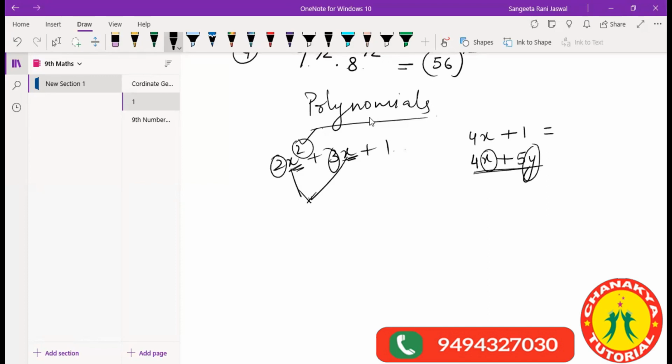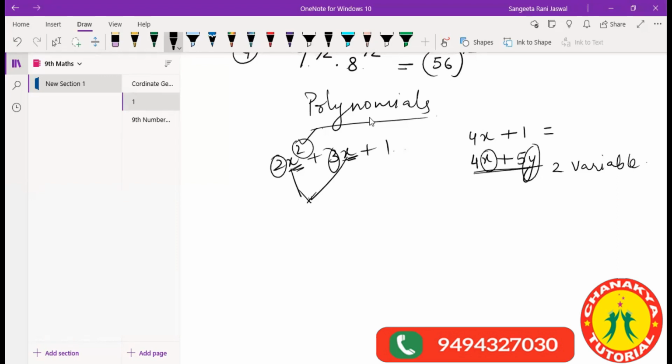This is a polynomial in two variables. Okay. So we are not going into this because our chapter is restricted to one variable. Okay, children. Okay, ma'am. Yes, ma'am. Okay, beta.